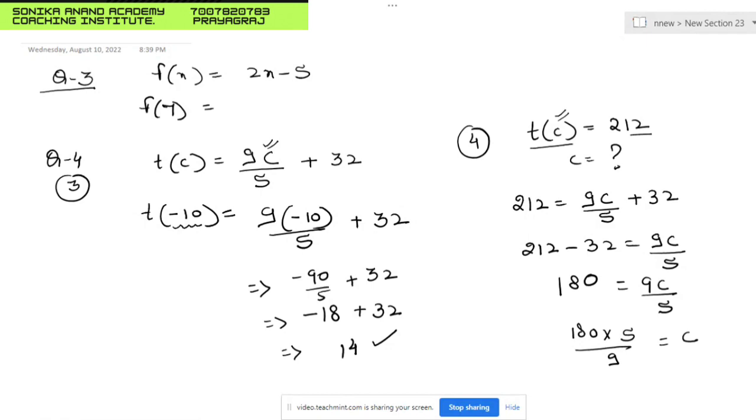Done. Almost, ma'am. Ma'am, should I do the third and fourth subdivision of the fourth sum, or should I not? Send me, then I will tell you.